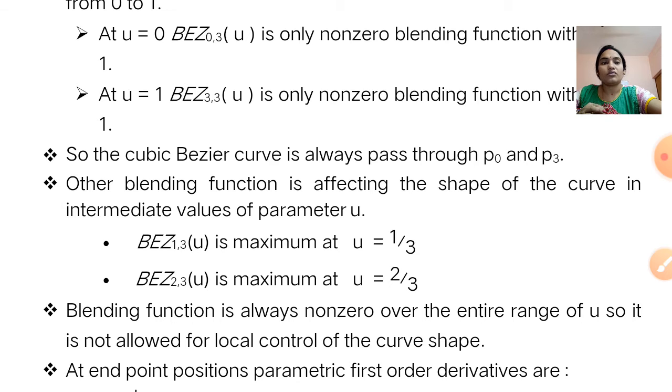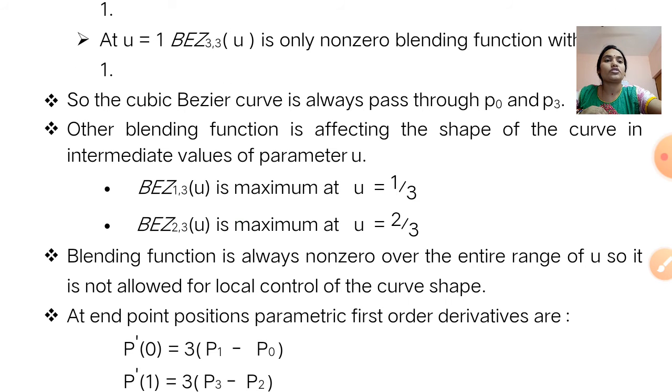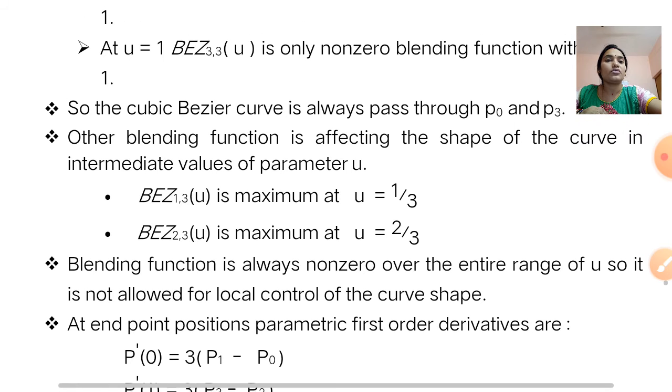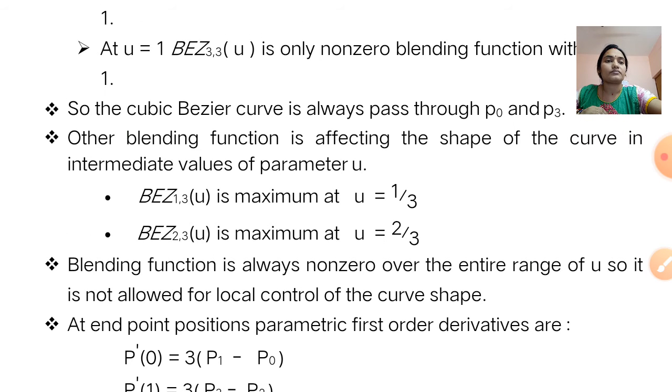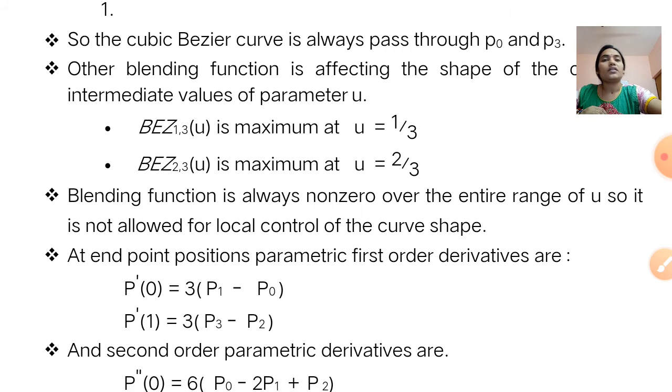Okay, only in those positions, one is your base 1 comma 3 and another is your base 2 comma 3, they are maximum. Now the blending function is always non-zero over the entire range of u, so it does not allow local control of the curve shape.